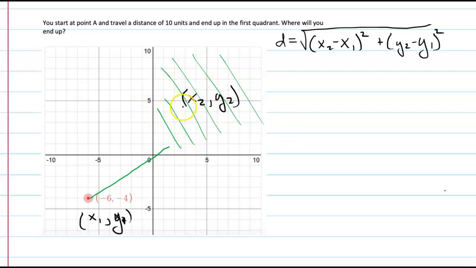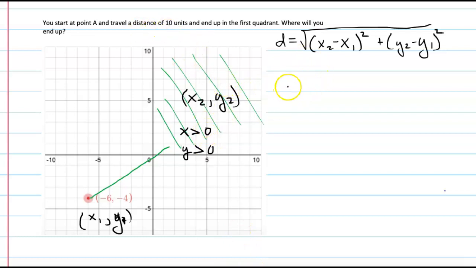Okay. I don't know much else, but I can tell you that x is going to be positive, so greater than 0, and y is also going to be positive, right? So we're looking for positive x and y values that will satisfy this.